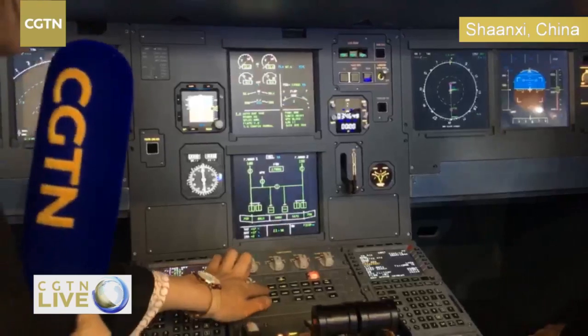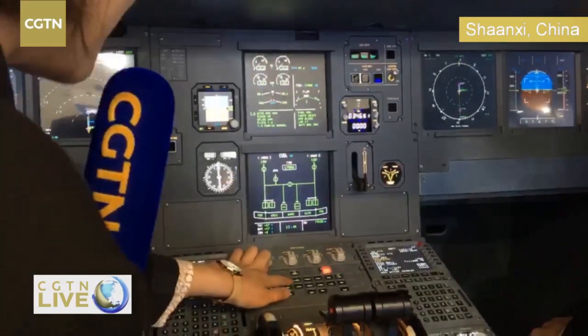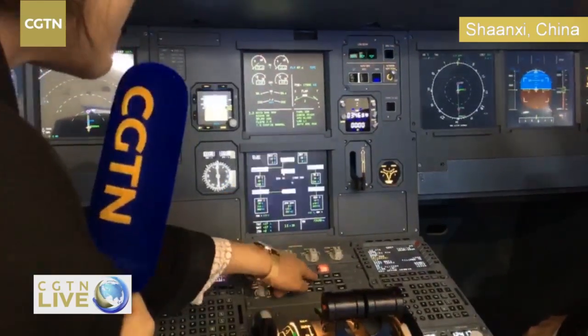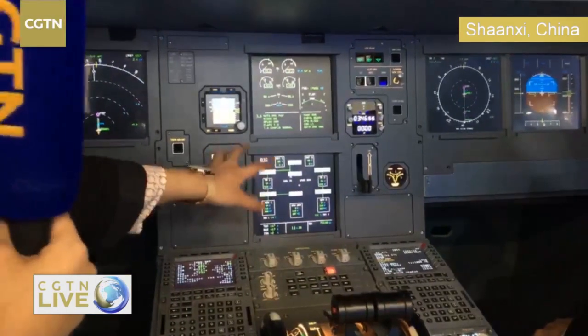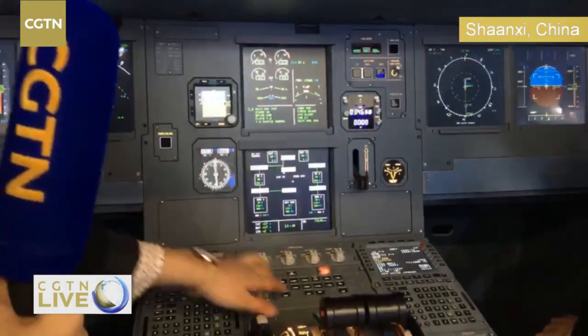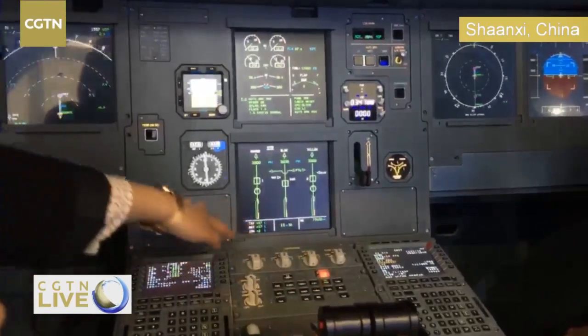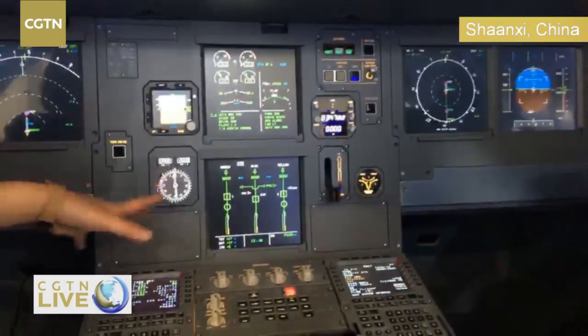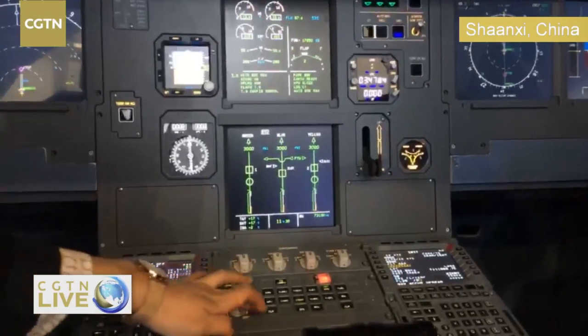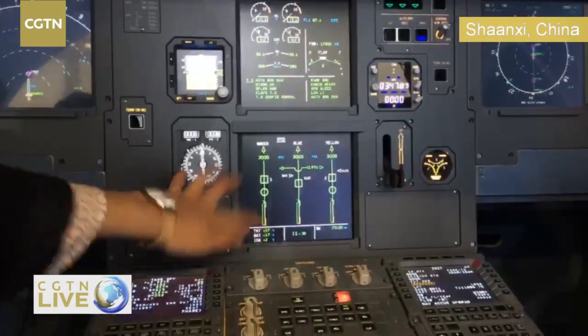If you press the button here, for example the electric system, it will show the situation of the electric system on the plane. And if you press the hydraulic system, it will show the situation of the hydraulic system. So it's totally connected with this part and the screen.